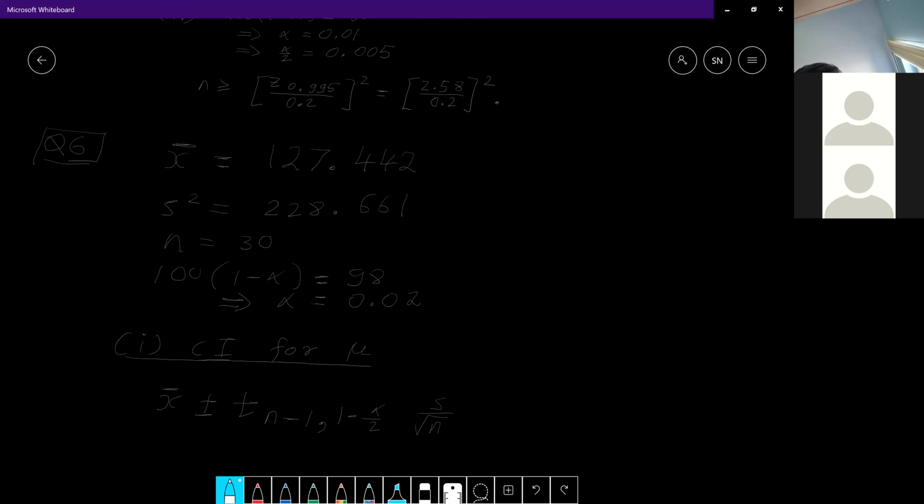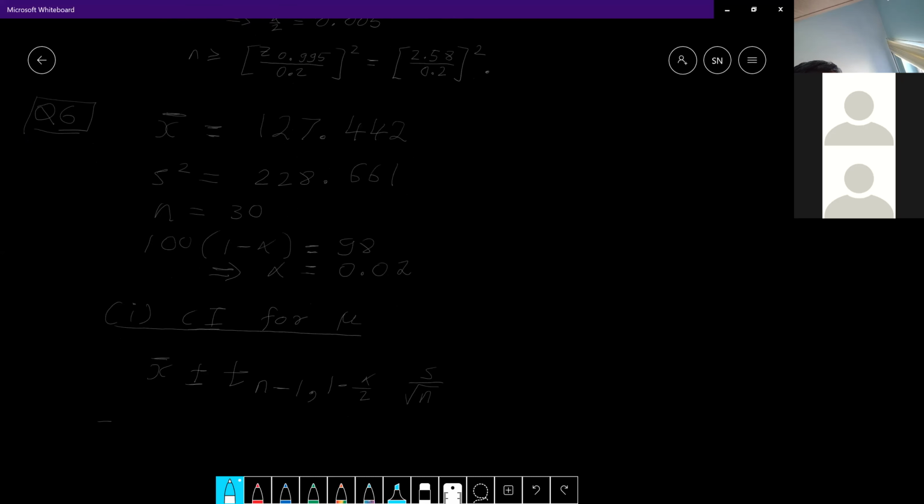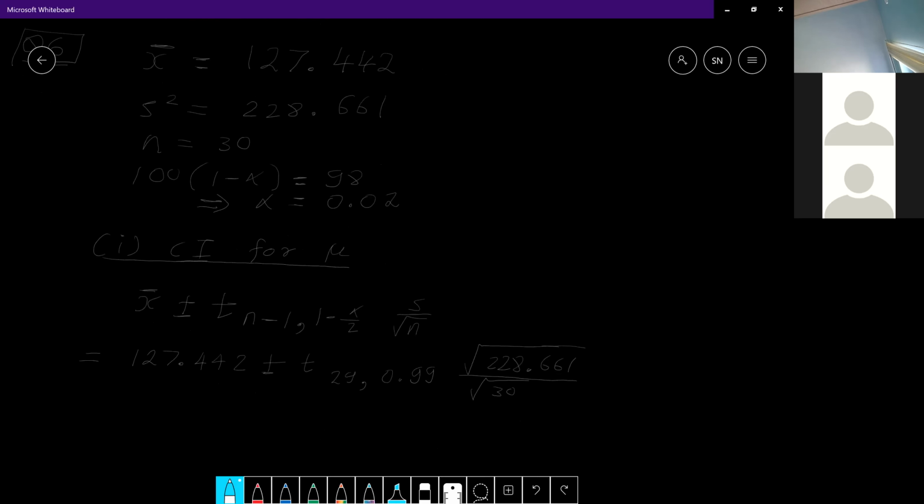So this becomes 127.442 plus or minus t with n minus 1 equal to 29 and 1 minus alpha by 2 equal to 0.99, times s, the square root of 228.661, divided by the square root of n, which is 30.